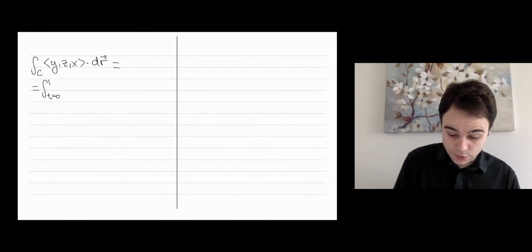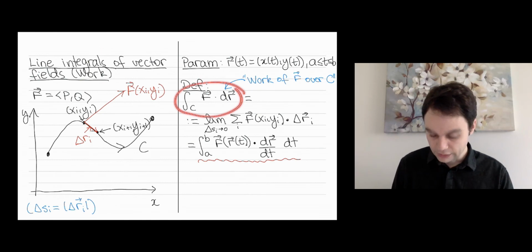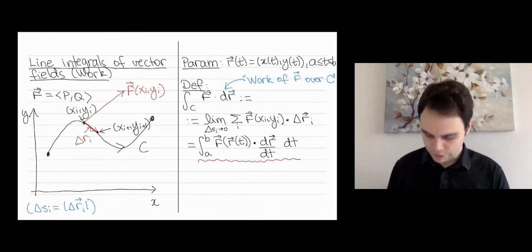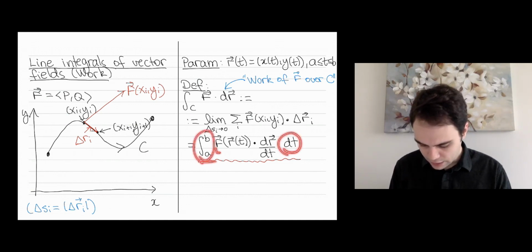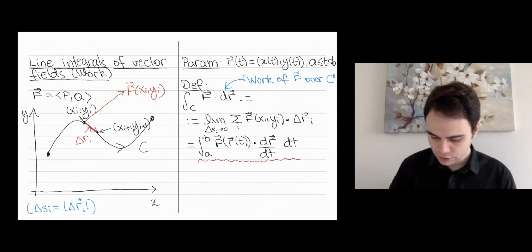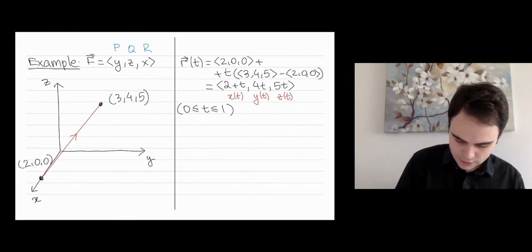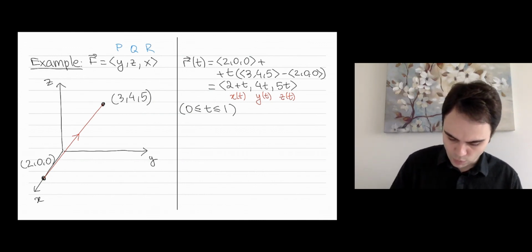Let's look at the formula. The integral of this vector field over C is the ordinary integral over t of the vector field F expressed in terms of t using the parameterization. So plug in the formulas for x, y, and z into F. F is y, z, x.